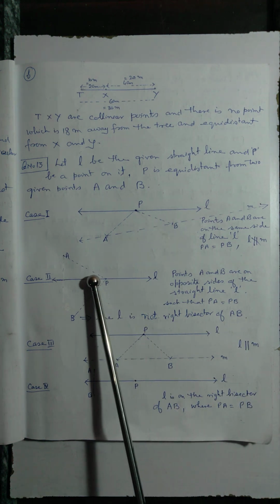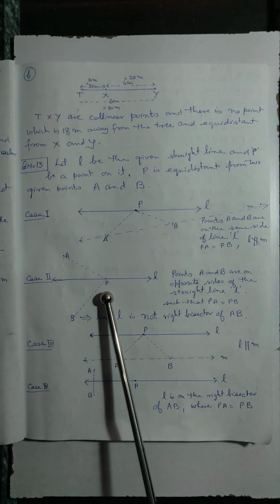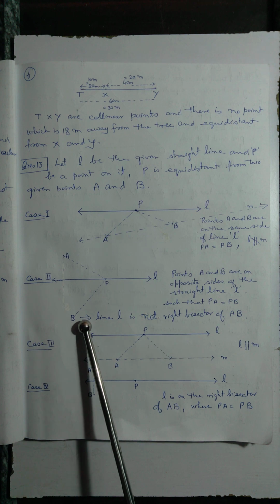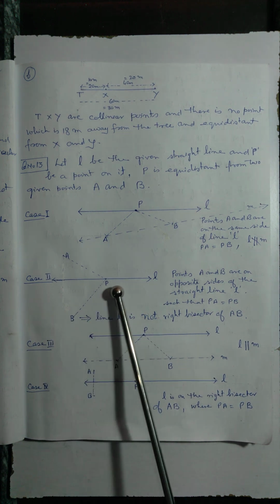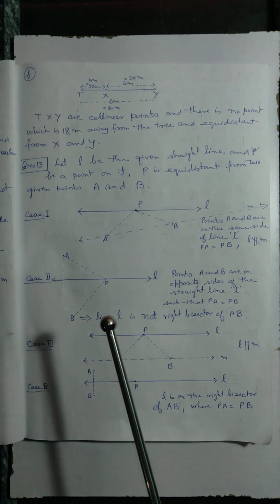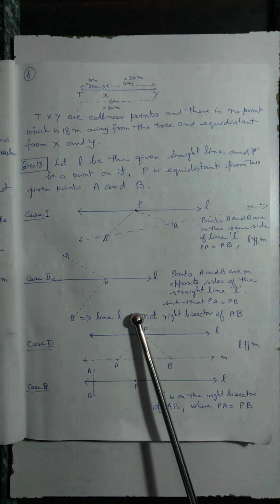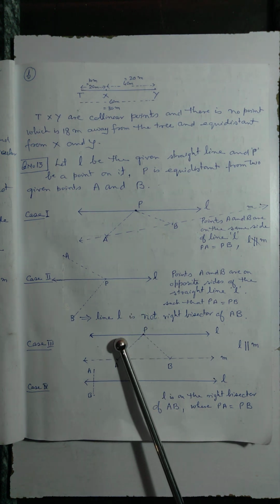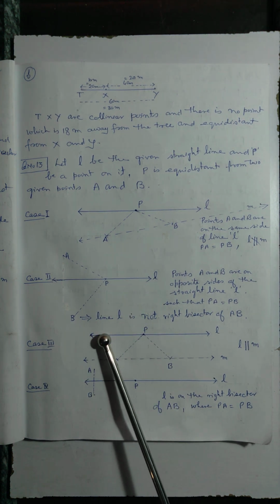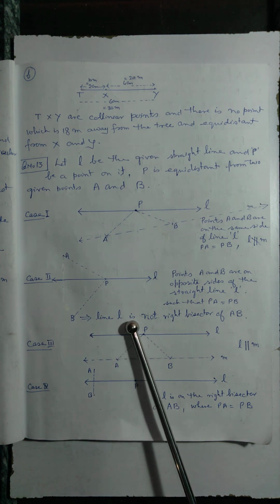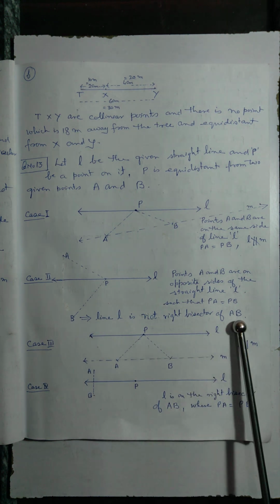The distance from P of A and B are equal. It is already given in the statement at the initial stage. So this implies that the line L is not a right bisector of AB.